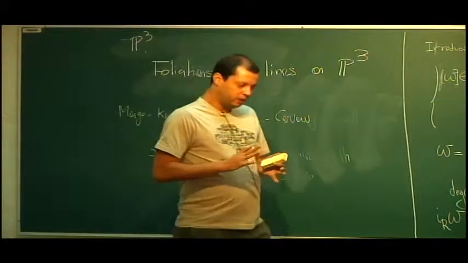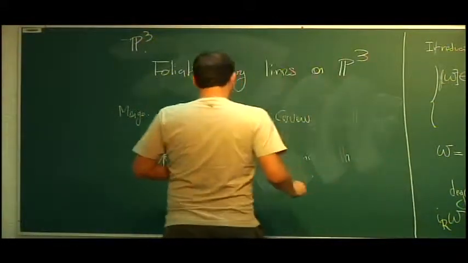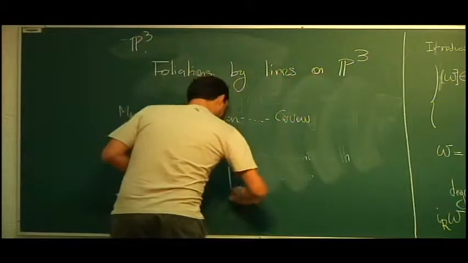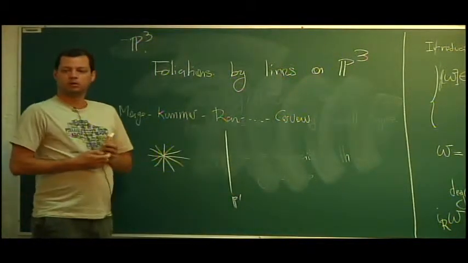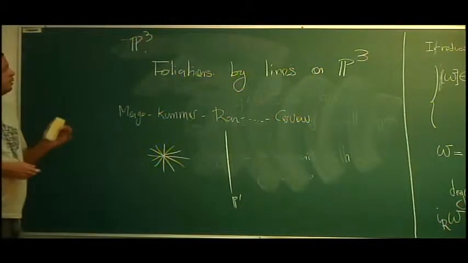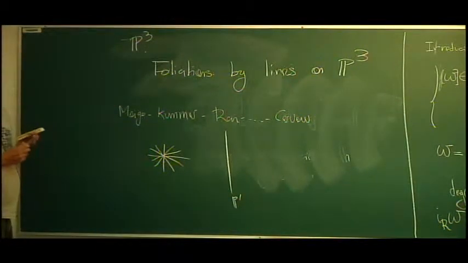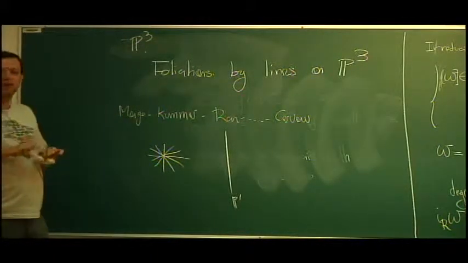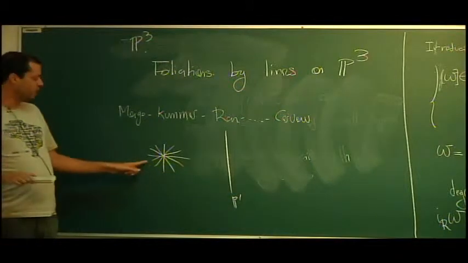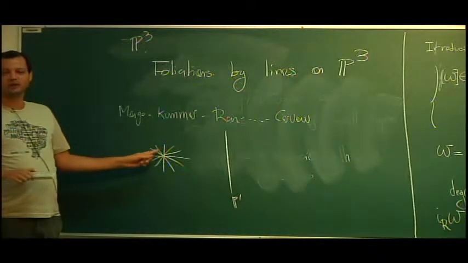Now, we can also do the following construction. You can just take a P1, and look at foliations by lines on P3. The first time that I saw this result, for a long time, the only foliation by lines that I knew was the first one.